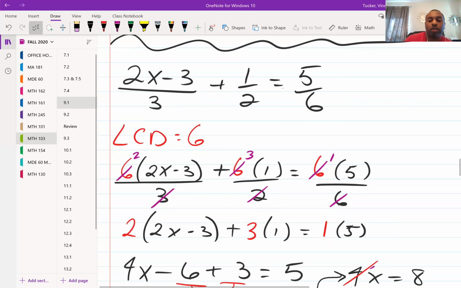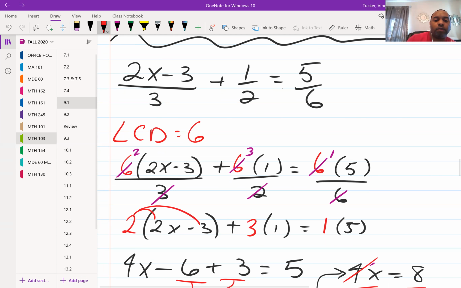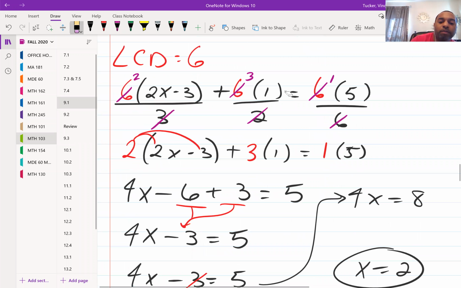All right. So now we can go ahead and distribute. So that'll give us 4x minus 6 plus 3, and then equal to 5, because 3 times 1 is 3, 1 times 5 is 5. Combine your like terms: a negative 6 plus a positive 3 would be negative 3.